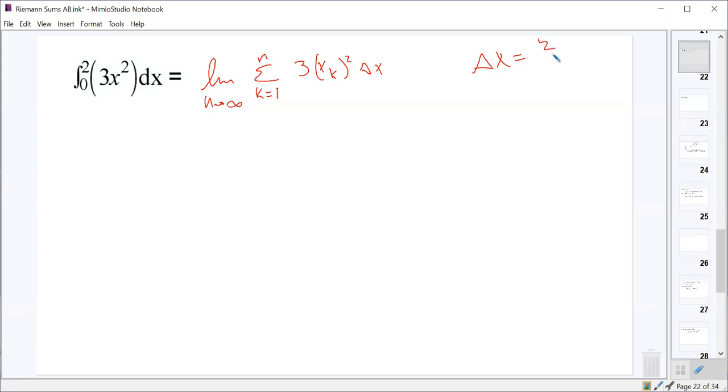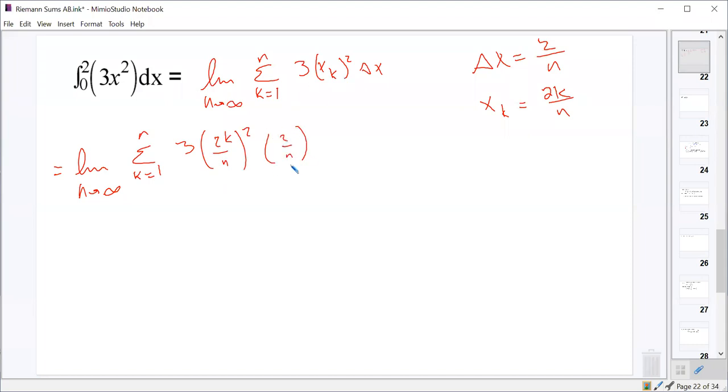And x sub k equal to what? 2k over n. Everybody good so far? Promise we'll just do one more after this one and then we'll move on to some new stuff. So we replace the x sub k and we replace the delta x.